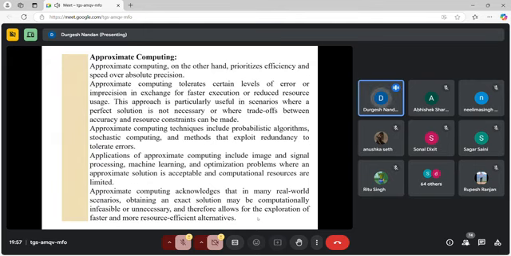I will give you one real-time example. It is not an exact example of approximate or exact computing, but you can understand it. There is a mobile manufactured by the Apple company, and a mobile manufactured by Redmi or some local company.